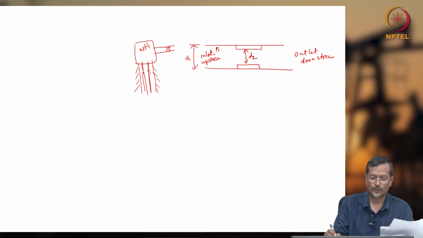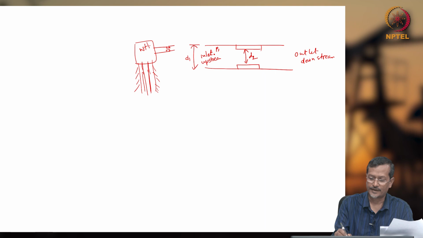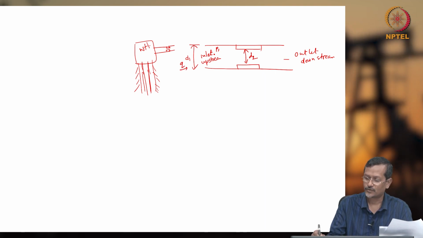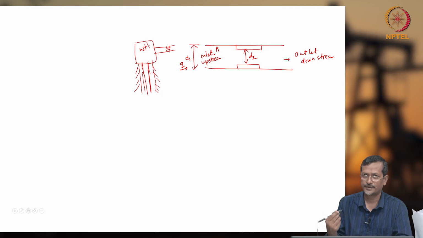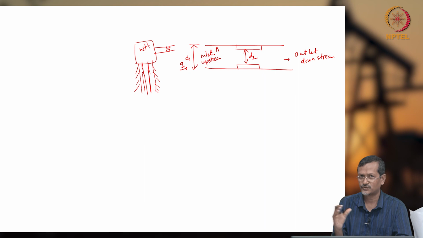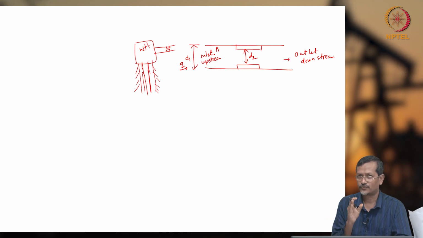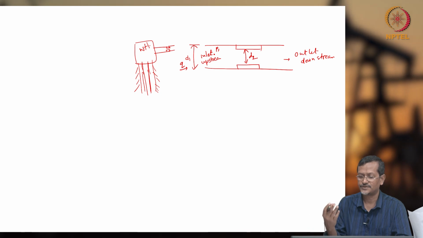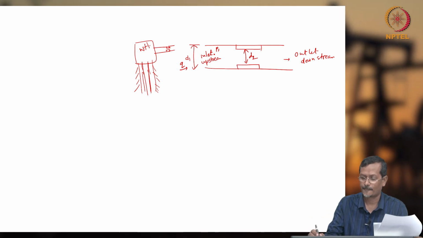The inlet pressure P1, flow rate Q, and the outlet flow rate, if the diameter is the same, then the flow rate will be the same, because for mass balancing, assuming density is constant, your flow rate will be the same. If density is changing, then flow rate may be different.